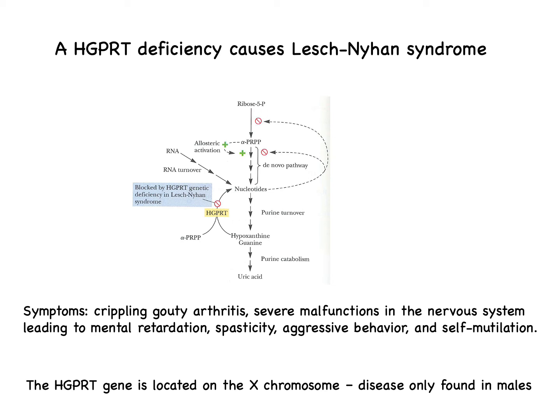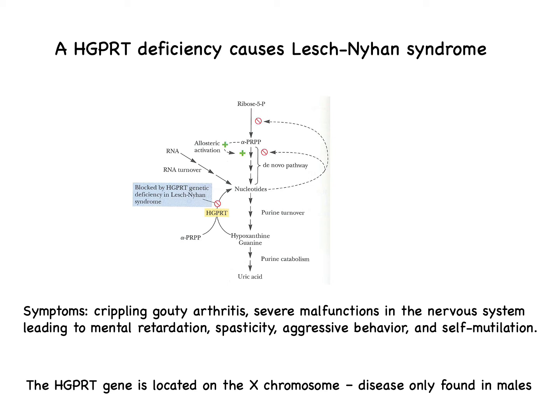And so in the middle here we have the nucleotide. And this shows if you have hypoxanthine or guanine, the HGPRT enzyme can ribosylate that and form back the nucleotide.